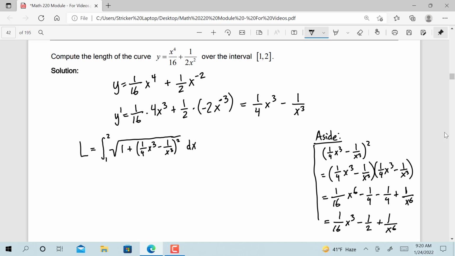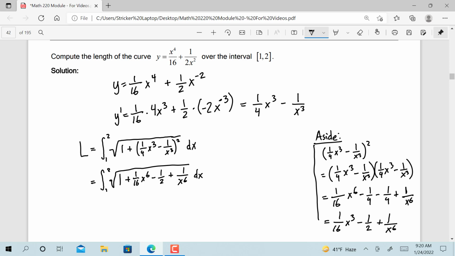And if we go ahead and throw that back into our integral, this now becomes the integral from 1 to 2, the square root of 1 plus 1/16 x to the 6th minus 1/2 plus 1 over x to the 6th, dx.